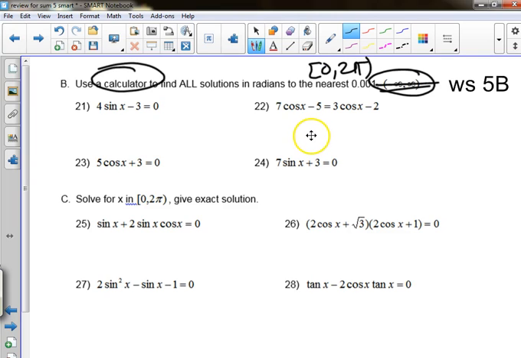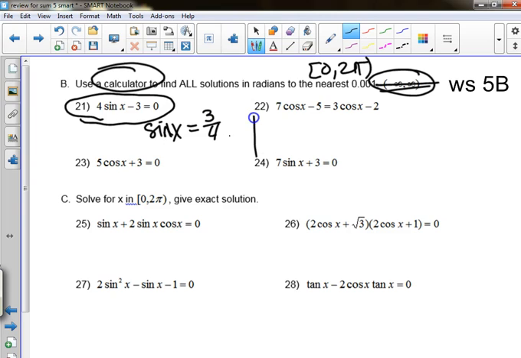Are the answers ordered pairs? No, the answer to this is where the sine of x equals 3/4. So you graph it from 0 to 2 pi, and you find the two places where the sine hits 3/4, right? But you only give me what? The x. That's the only thing this question had was an x.